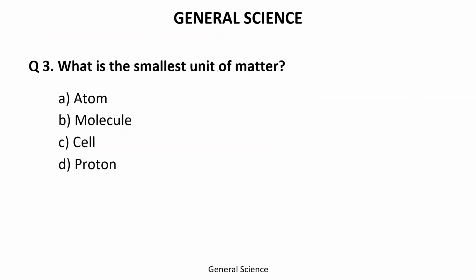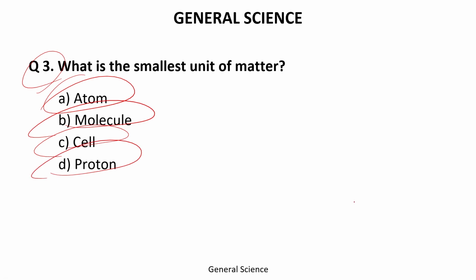Let's move forward. Fifth question we have, what is the smallest unit of matter? I have told you so many times, so I hope you will give me a correct answer. Atom, molecule, cell, proton. 30 seconds you have to think and answer.